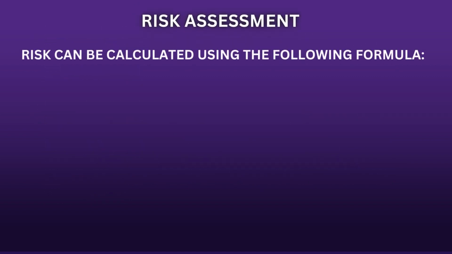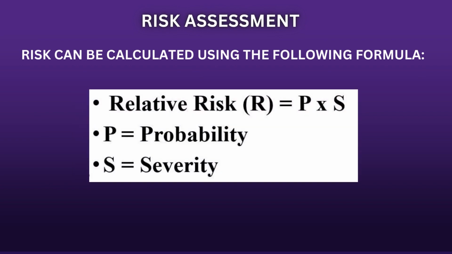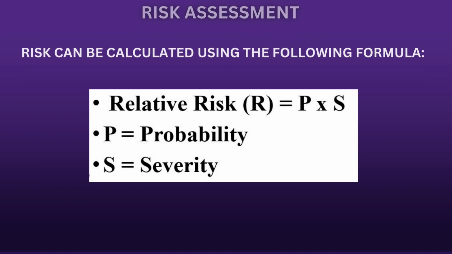Risk can be calculated using the formula relative risk R is equal to P times S. Here P is the probability and S is the severity.